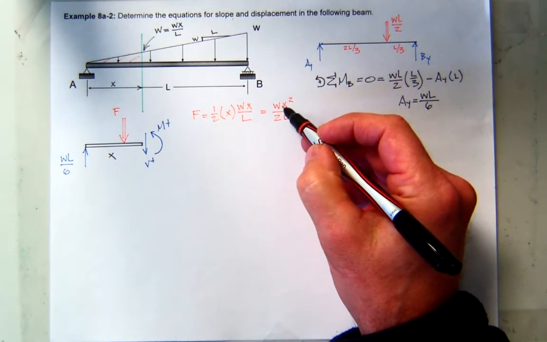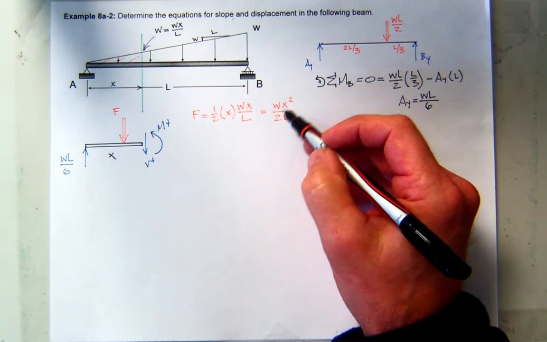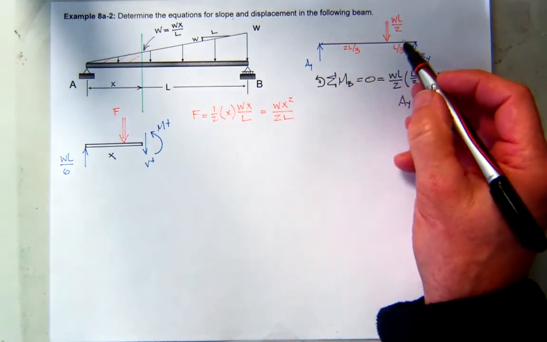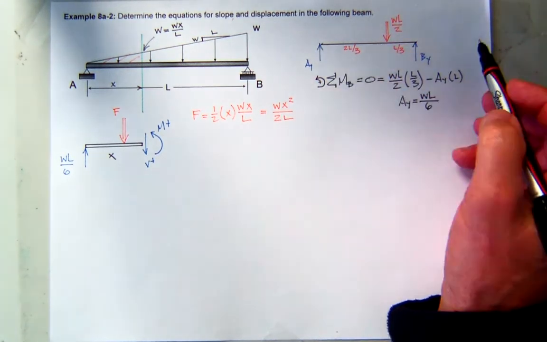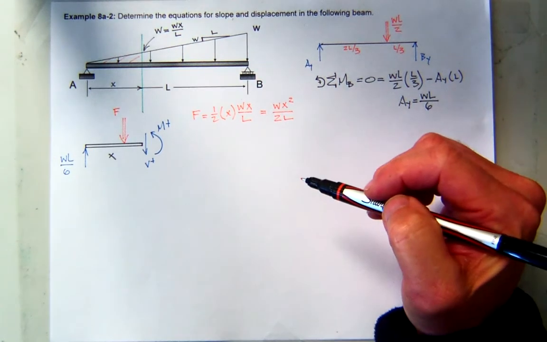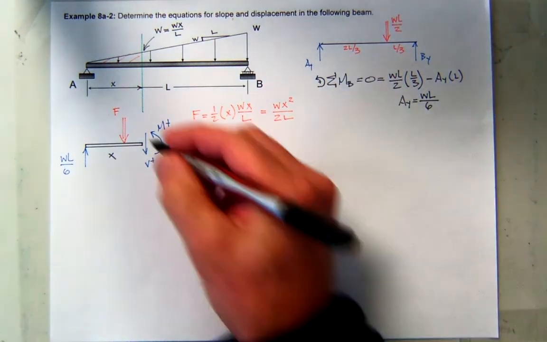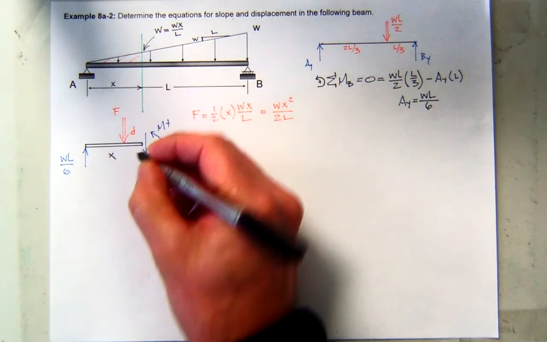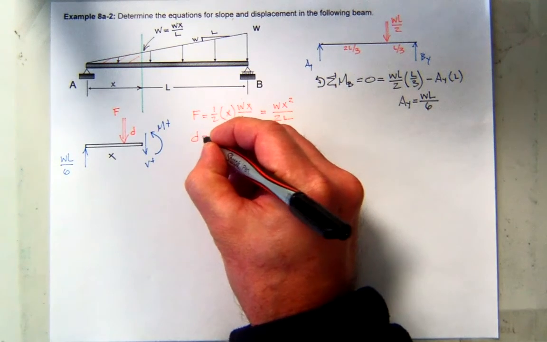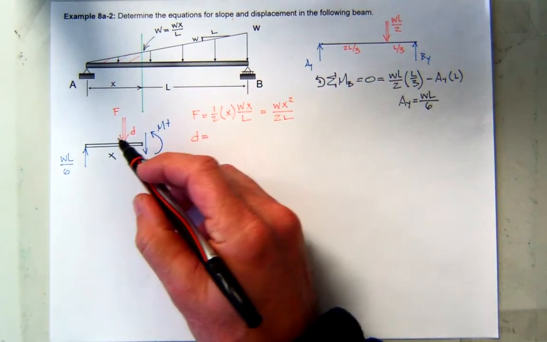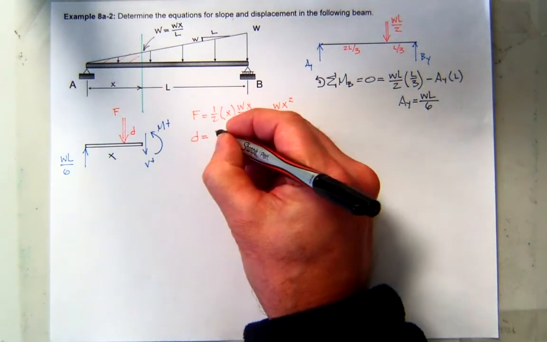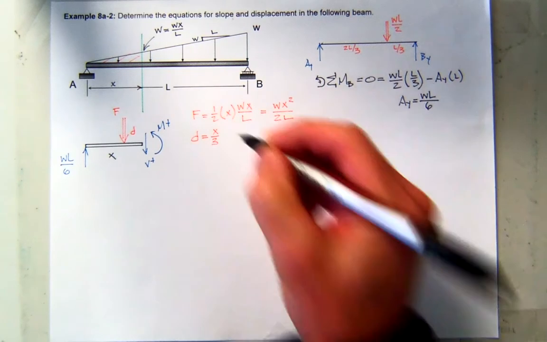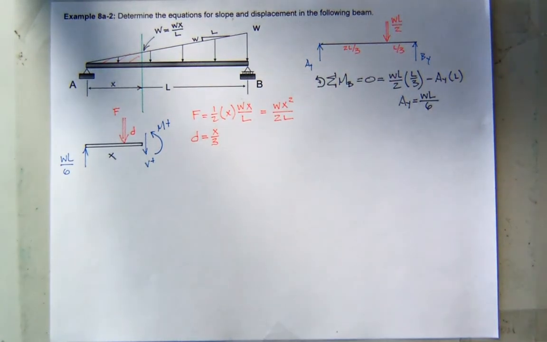Of course, if you put in x equal to L, you get WL squared over 2L, you get WL over 2, which is the same thing we got before when we did the whole structure. So that seems to match. And then what's the distance from the cut? Well, it'll be 1/3 of the distance. The distance is x, so that'll be x over 3.